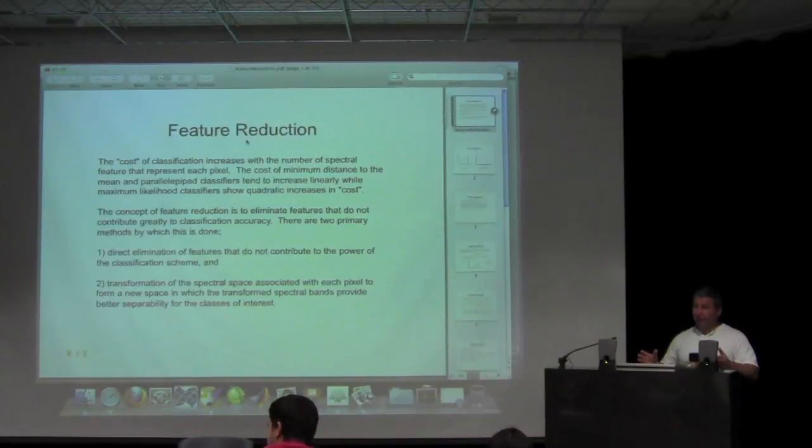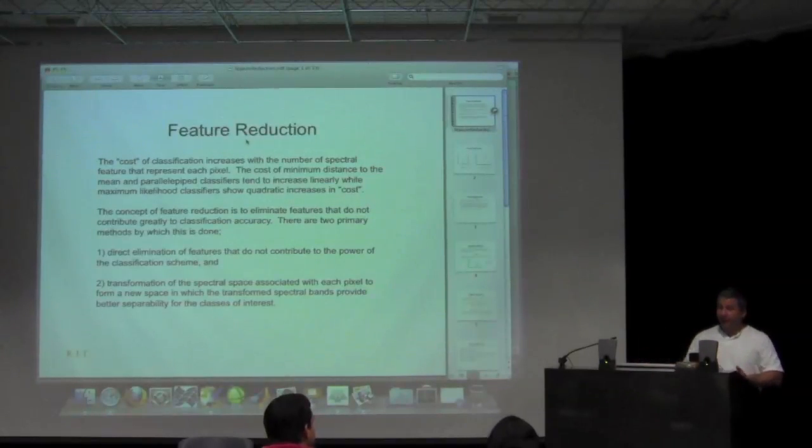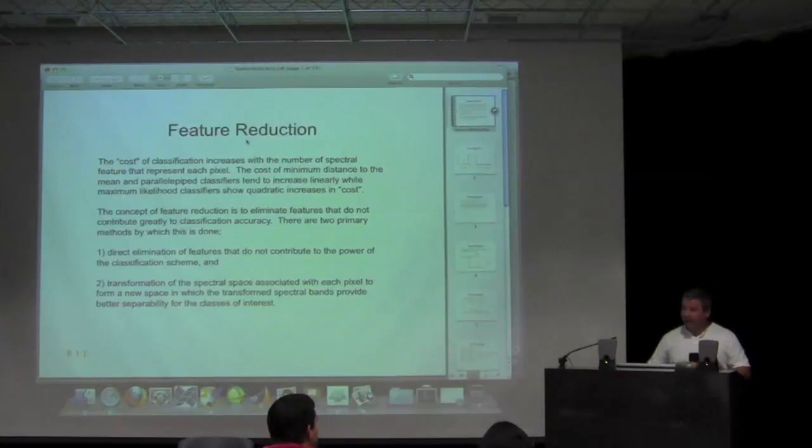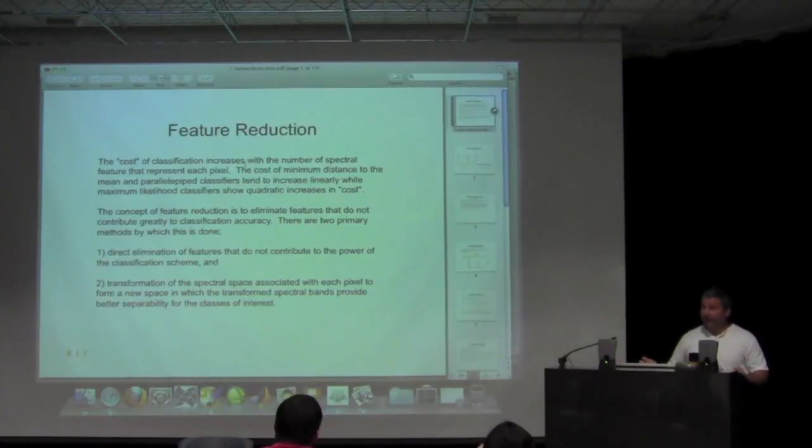It's also much harder to choose training data to train these very large matrices, because you need lots of points in order to get a robust representation of those descriptive statistics, like the means and covariance matrices. So you want to, if you can, come up with the most efficient data set possible that's going to answer the question the best that you can. So you don't have to send down a lot of data.